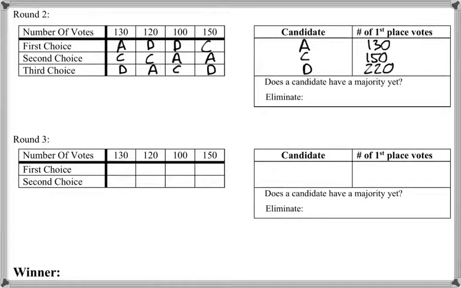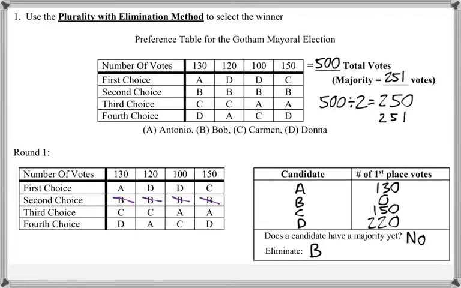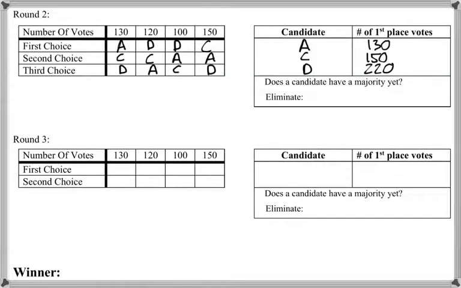So does a candidate have a majority yet? Again, you need 251, and no candidate has 251.